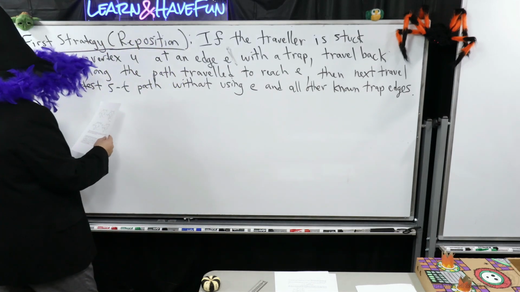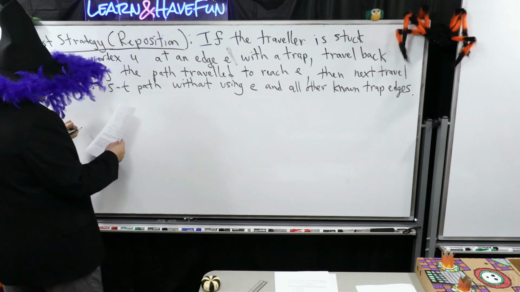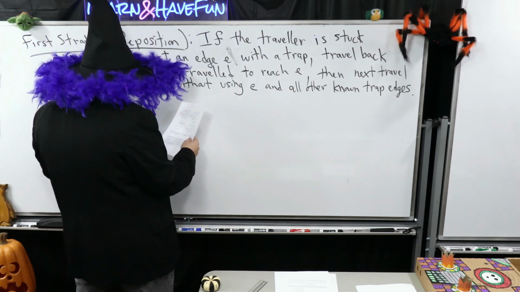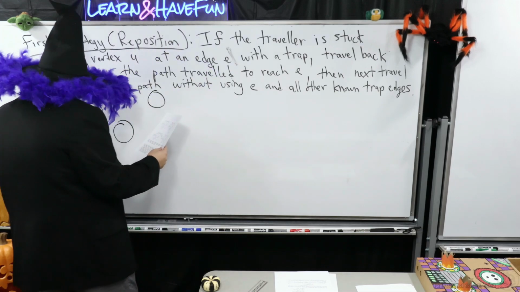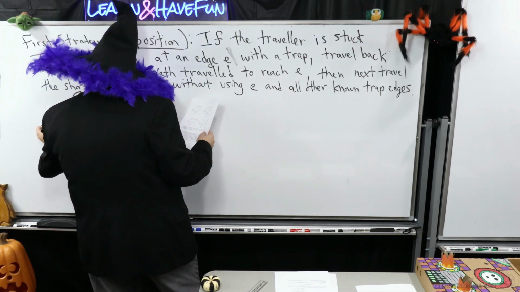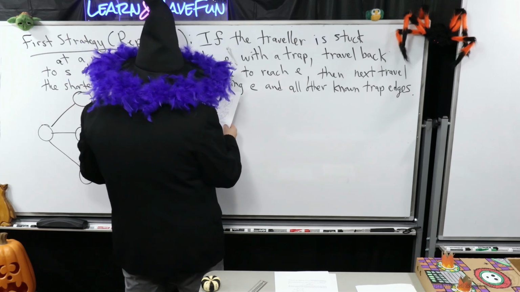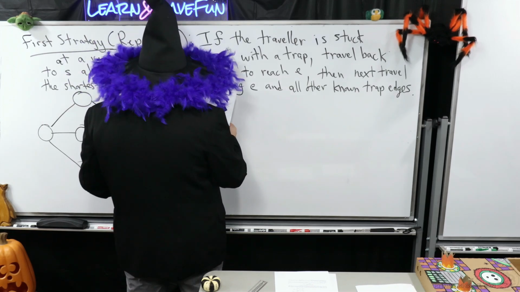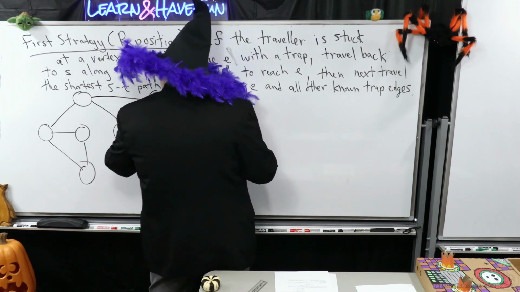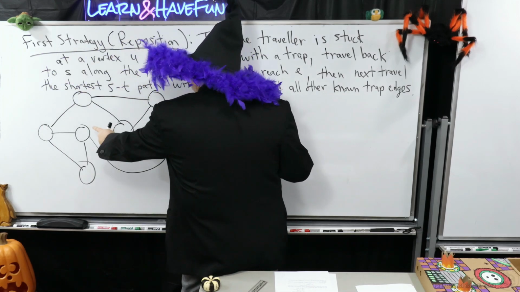So I'm going to use the same map that we had before. I'm going to lay out some traps in here. We're going to use the same graph that we had formulated at the beginning. So remember, that's the teleporter room.